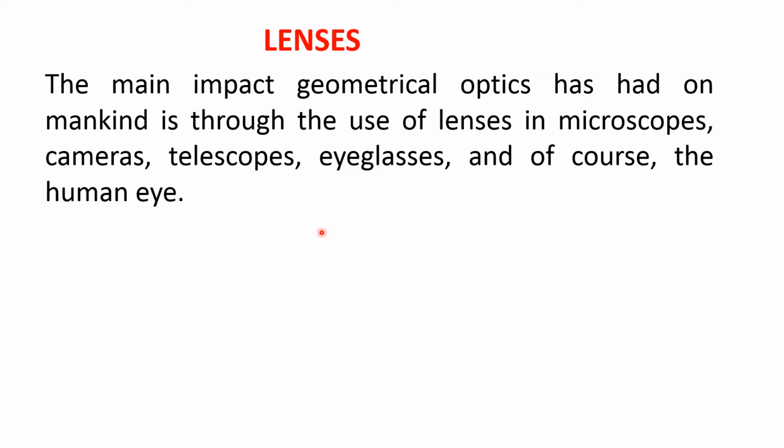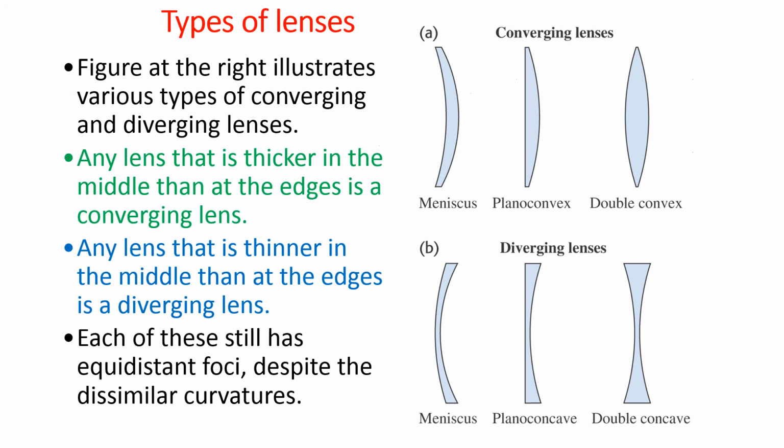Then the last point is lenses. Lenses are the main components in geometric optics because they are used in microscopes, cameras, telescopes, eyeglasses, and the human eye is also a lens. Then, let us detail them.